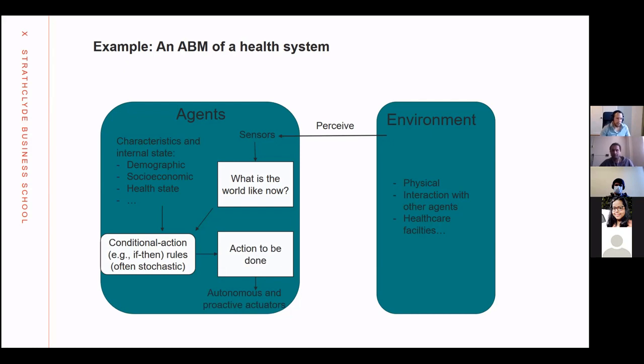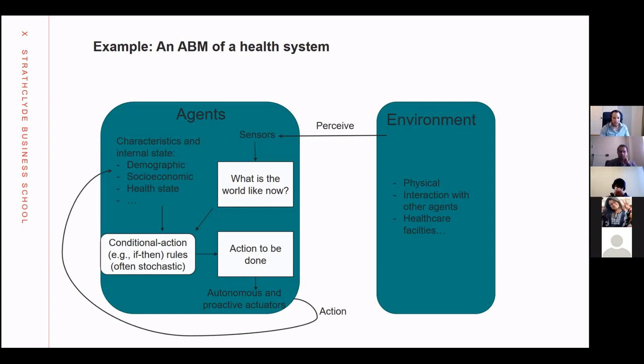And then based off of these rules, they decide on actions that they're going to be doing. These are autonomous and proactive actuators. And these actions then potentially change the agent's characteristics or their health states, right? It might mean they become healthy, or less likely to have a disease. Or if the action is to become vaccinated or not become vaccinated, or they might change their socioeconomic situation.